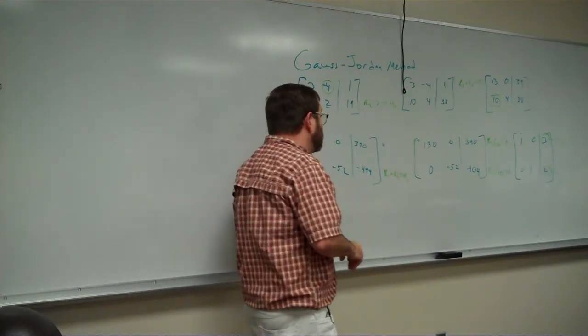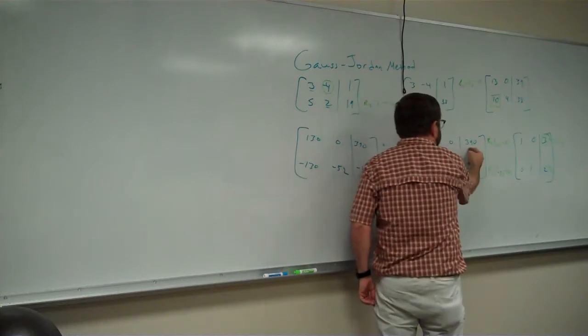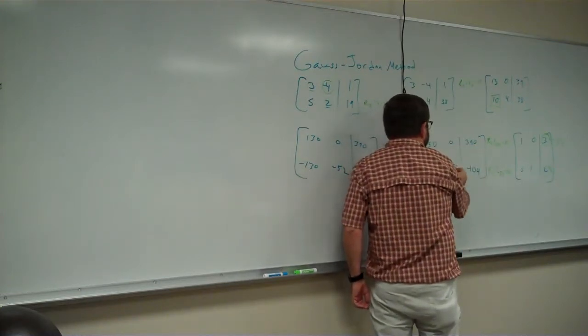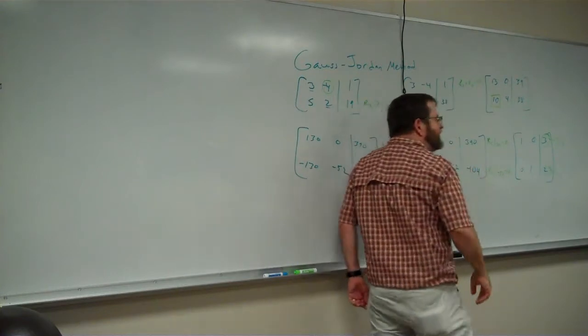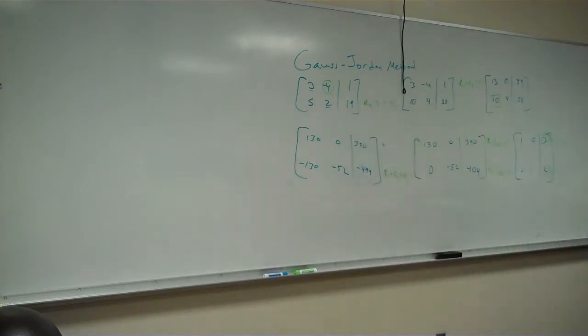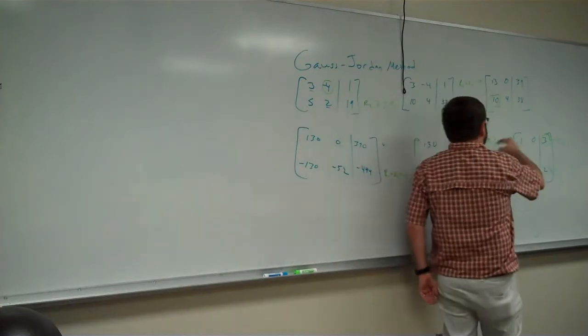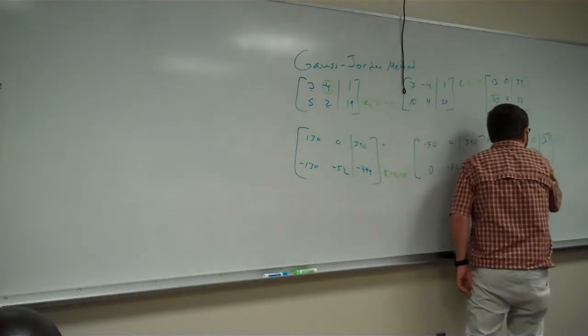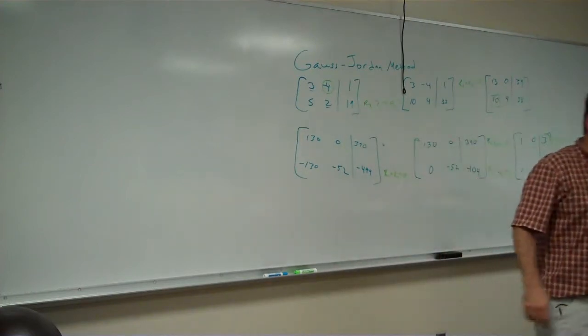Now, it would have worked here too if you said 130x equals 390 and negative 52y equals negative 104, but that can be error prone. You can make what mathematicians technically call a boo-boo. Okay? It is in general better to get it so that it's just this and with 1s along the diagonal, and then you have the x and the y.